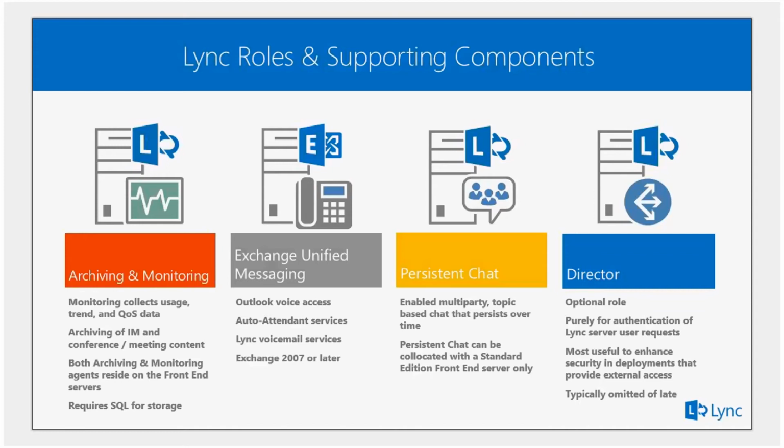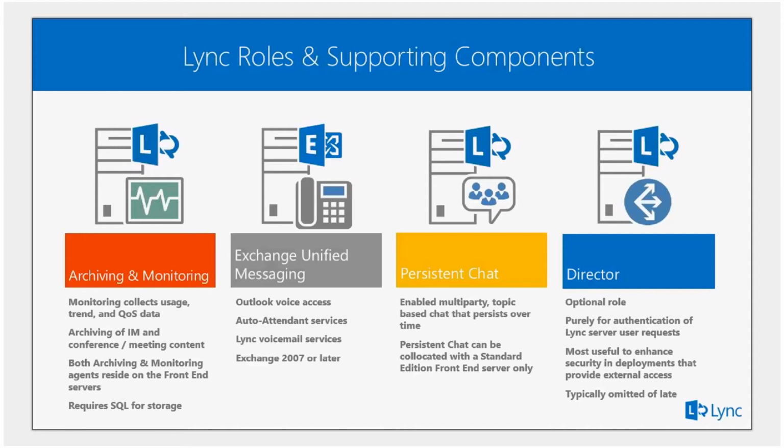there is a thought that Lync is susceptible to DDoS attacks, for example. If someone knows your username and password, they could attempt to sign in as you externally over and over again, and ultimately lock out your AD account by doing so. So the idea of perimeter security is to try and prevent things like that. There are security filter packs we deploy on the edge server, and along with that, some people deploy the director role, so that the authentication and signing process is done against the director.